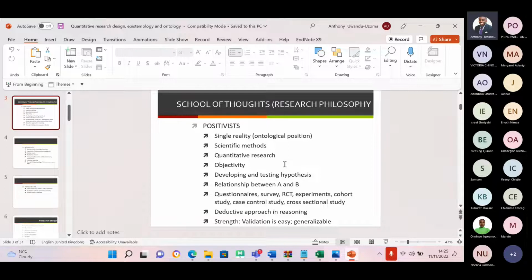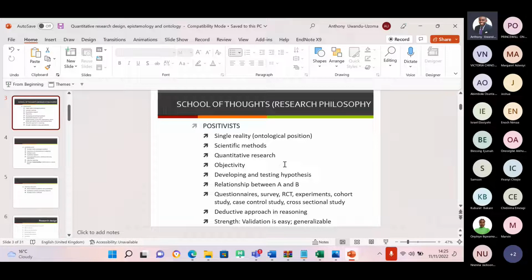Epistemology asks the question, how do I get my data? What is your epistemological stance? In your research, your ontology should align with your epistemology, and your epistemology should align with your methodology. So these three things should be aligned together.